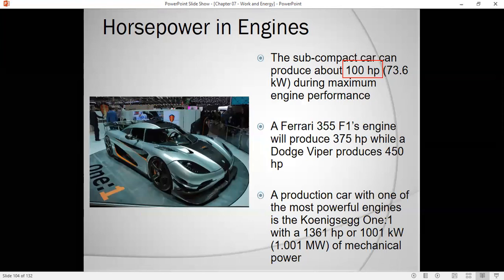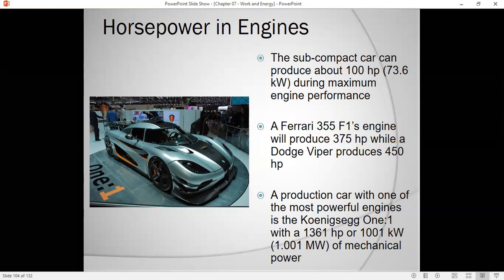You want to compare this to a high-end sports car, the Ferrari 355F1; its engine is about 375 horsepower. The old Dodge Viper, believe it or not, Dodge made a car engine with 450 horsepower.